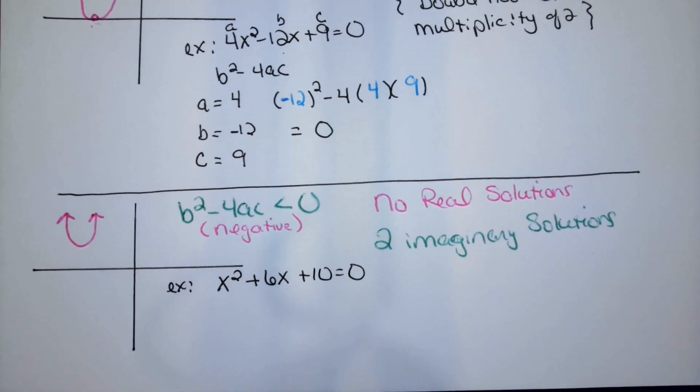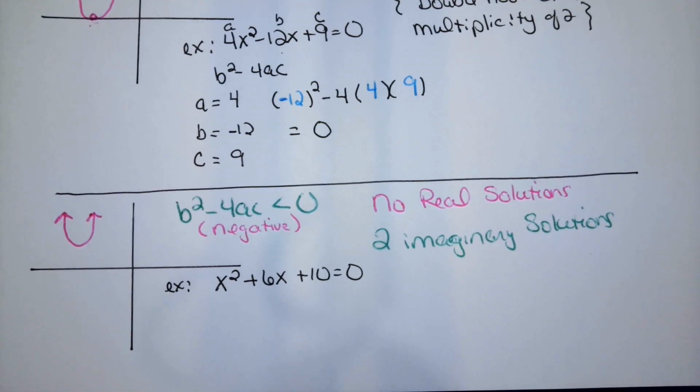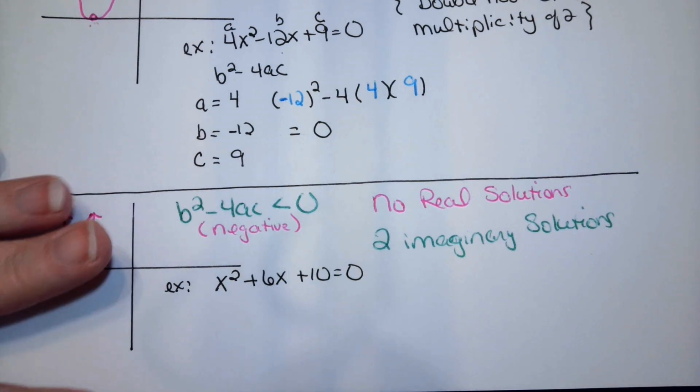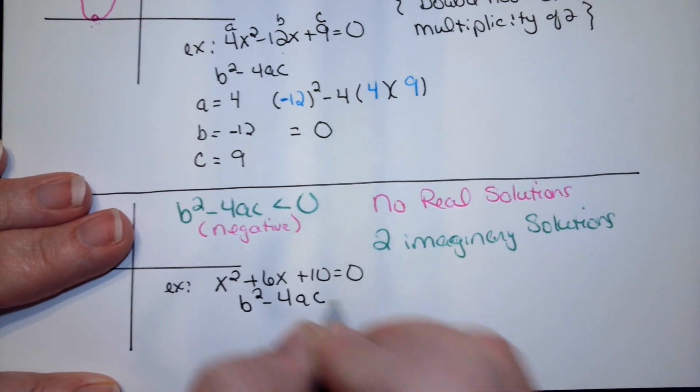Alright, so let's say that we were given the example x squared plus 6x plus 10 equals 0. Alright, so again we're going to use the discriminant to determine the number and type of solutions.